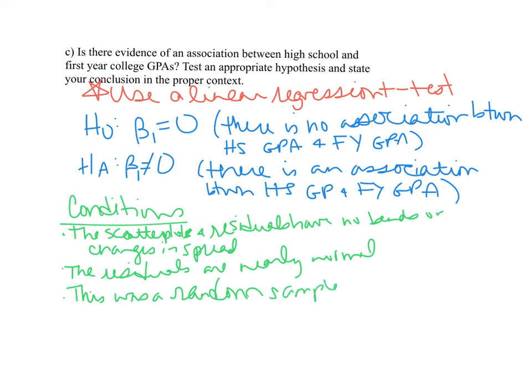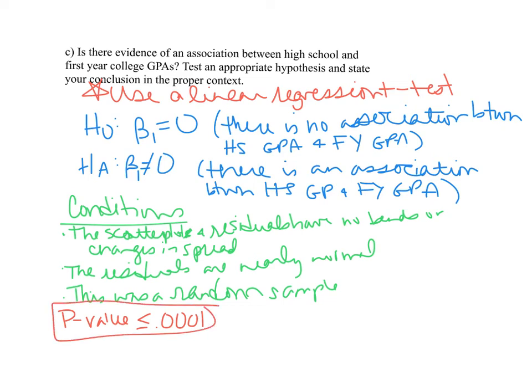Okay, so we've done our hypotheses, we've done our conditions, we've named our test. For the mechanics part of this, actually, you don't really have to do anything because they gave it to you already. They told us that the p-value is less than or equal to 0.0001. That's a very small p-value.